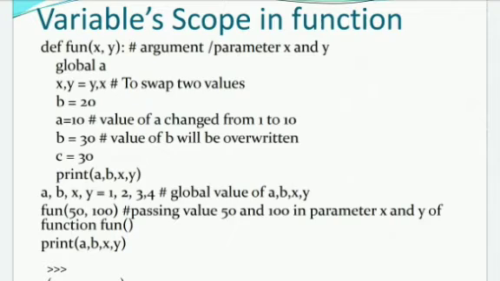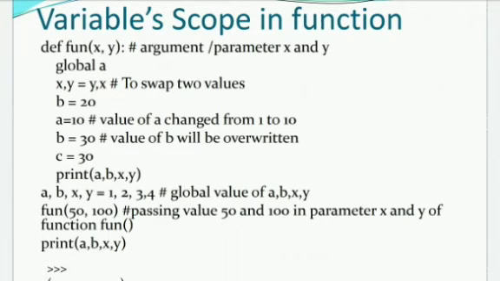Variable scope. Here there are four values a, b, x, y: 1, 2, 3, 4. These are the global values of a, b, x, y. And while calling, we are calling with 50 and 100.